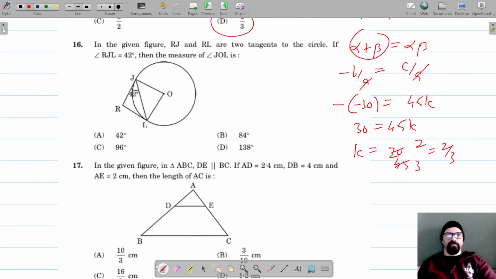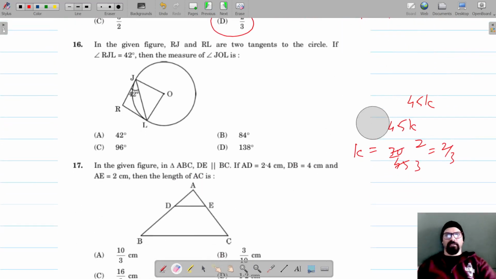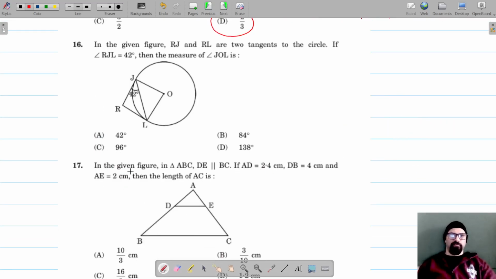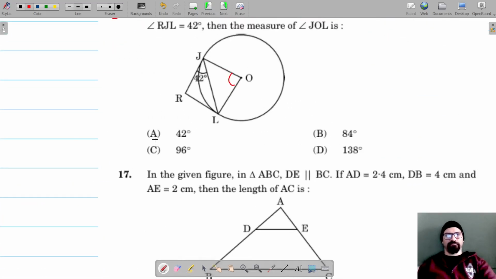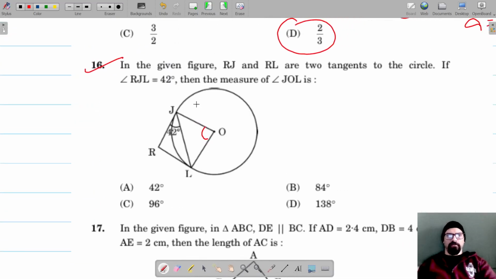Okay, for question number 16, we have to find the measure of the angle JOL. Okay, for this question, now OJ is perpendicular to RJ.